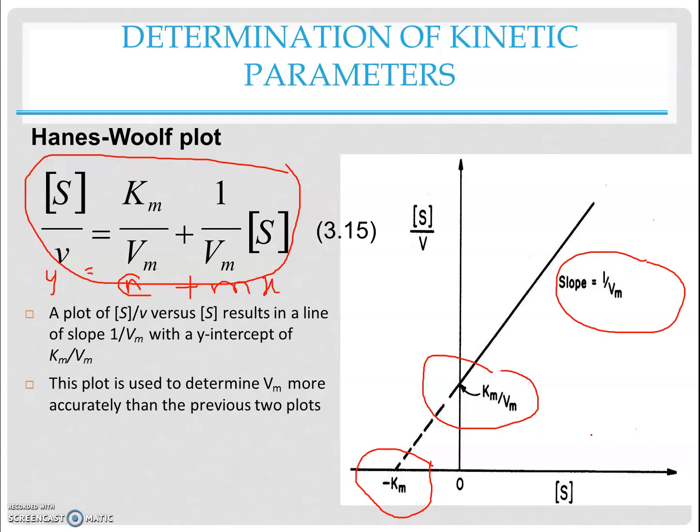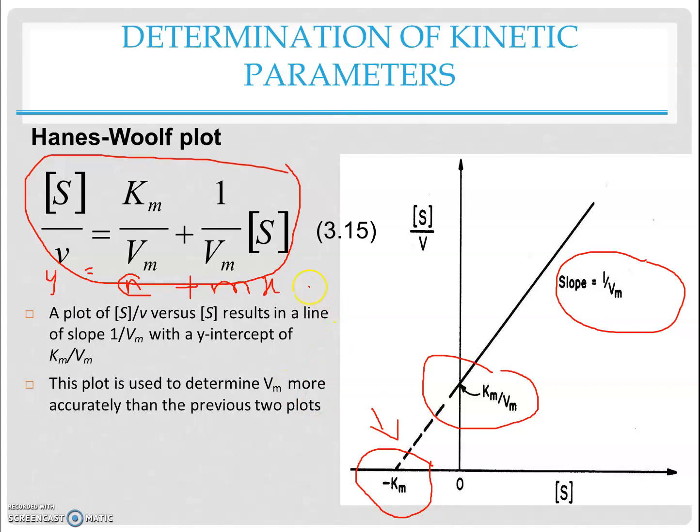If you remember what I mentioned in the Michaelis-Menten plot, Km is a value of substrate concentration. Here the x-axis is substrate, so the interception at the x-axis is the Km value, but it is negative because the value is on the negative side of x. If you plot this graph using graph paper, you will be able to find this Km value on the graph. But if you are using Excel, it is quite difficult.